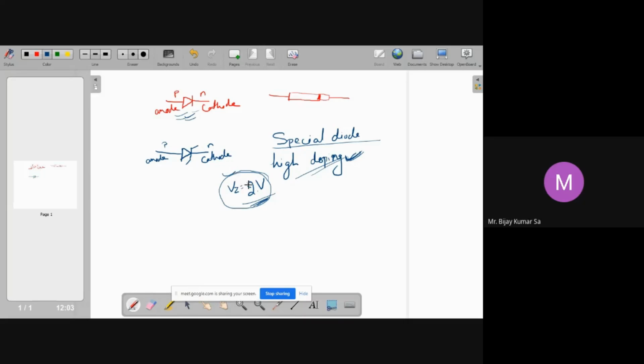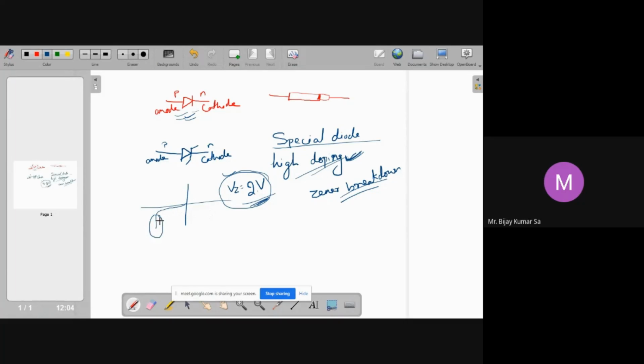Okay, and in the breakdown phenomena, we already know that there are two types of breakdown: the zener breakdown and the avalanche breakdown. In the case of zener diodes, the zener breakdown is more dominating. The zener breakdown dominates the avalanche breakdown during the breakdown that occurs in the zener region.